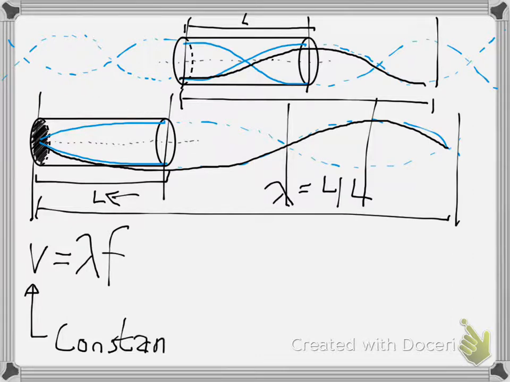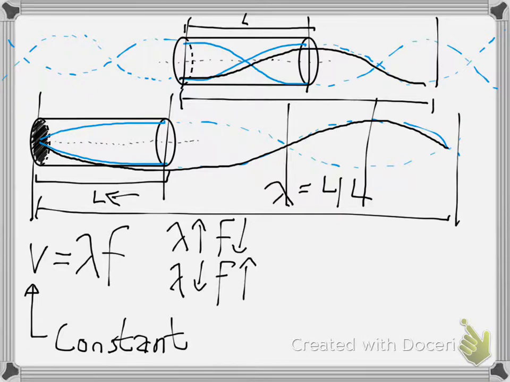And that is very useful to us because that means we understand what happens when we change lambda or frequency, because the left-hand side of the equation has to equal the right-hand side. Therefore, when lambda goes up, frequency F must go down. And when lambda goes down, frequency F must go up.